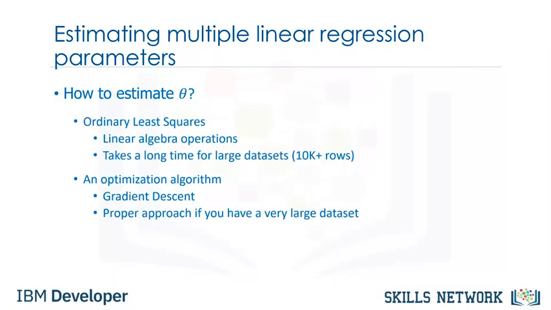Gradient descent is a proper approach if you have a large data set. Please understand, however, that there are other approaches to estimate the parameters of the multiple linear regression that you can explore on your own. After you find the best parameters for your model, you can go to the prediction phase.